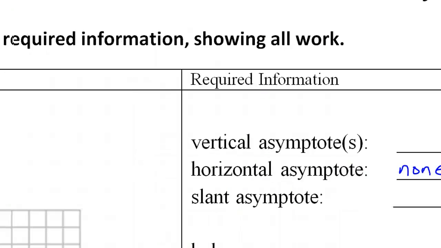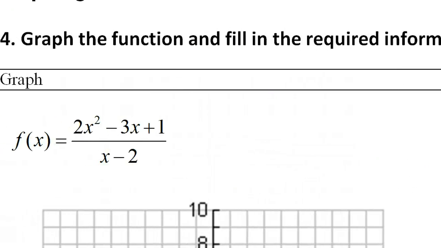Okay, now slant asymptotes happen if the numerator degree is 1 more than the denominator, as long as the denominator doesn't divide in evenly. So there's likely to be a slant asymptote. To know for sure, we have to go ahead and divide and see what happens. Because it's just a simple x minus 2, we can do synthetic division.